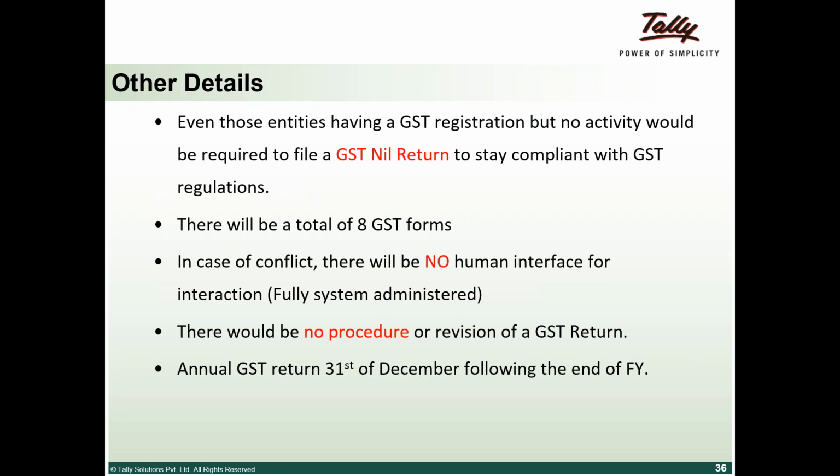GSTR 6 is for the input service distributor, ISD. Basically, a corporate office receives all material and distributes it to various branches. We did not run through what ISD is. Let's take the example of Tally, where I want to buy at one place and pass on input credits to my different branch offices.